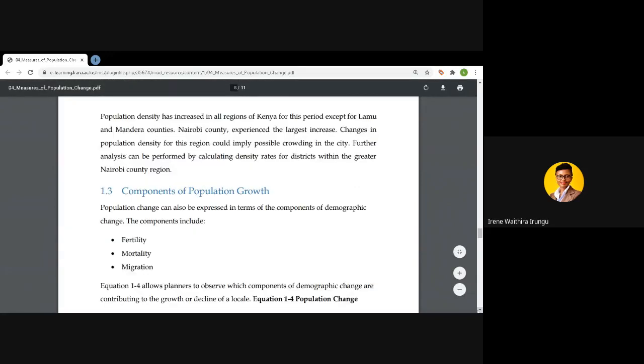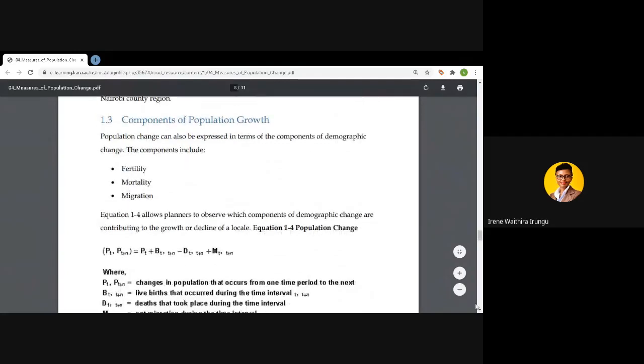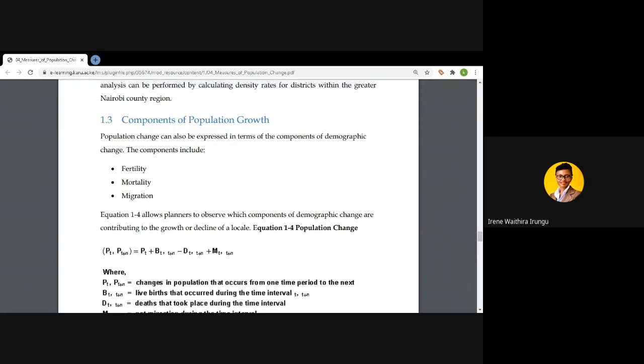So we can now look at the components of population growth, and they are broadly categorized into 3. Fertility. So fertility is simply associated with births. So if you have a fertile population, then you expect that you will have a high birth rate.